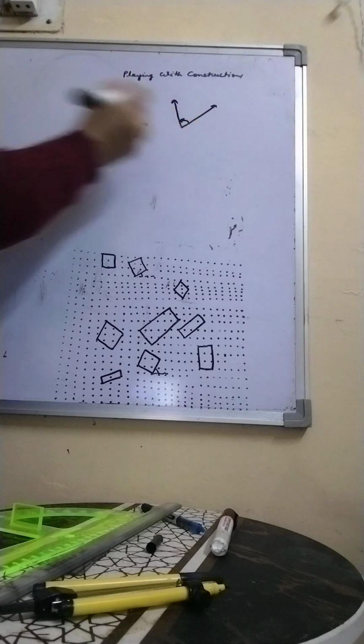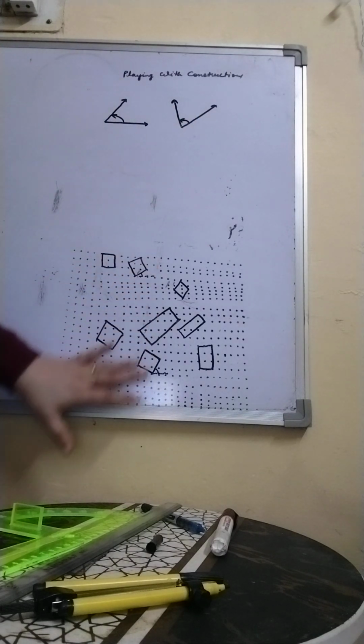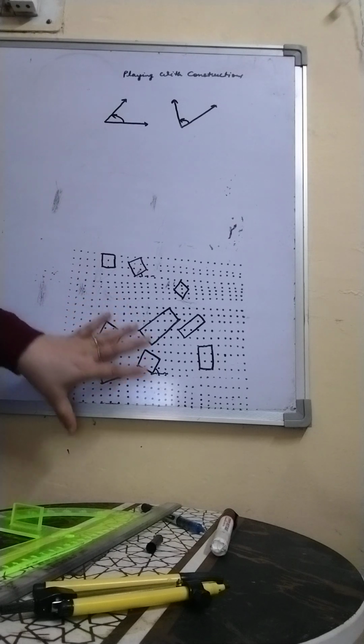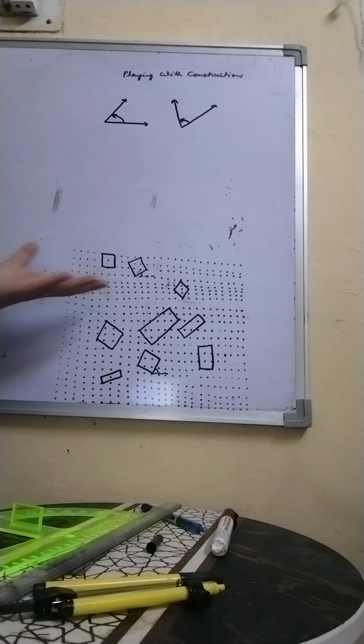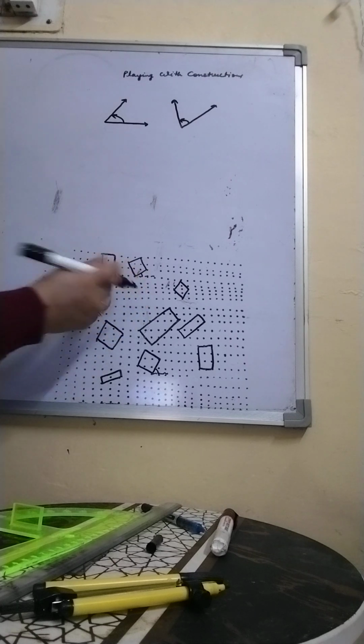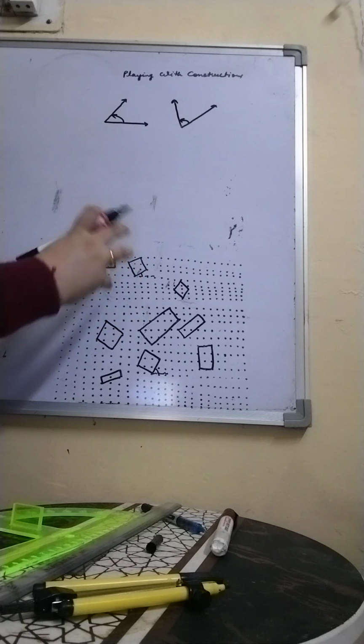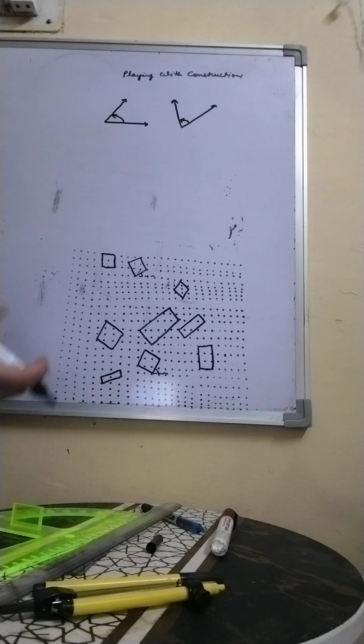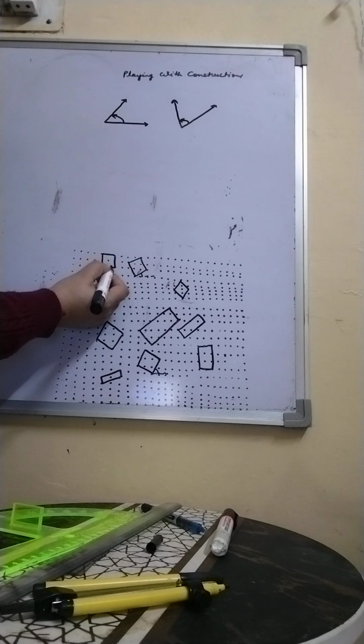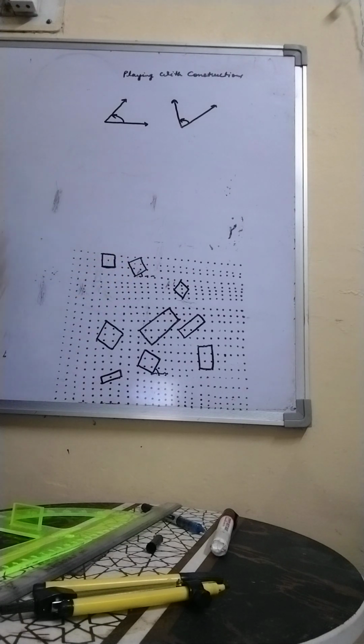Okay. So basically the idea, I have drawn the dot grid, I have made squares and rectangles. The idea is that don't look at the whole square or the whole rectangle. Just see one side of the square.